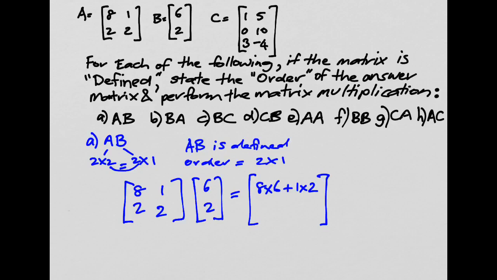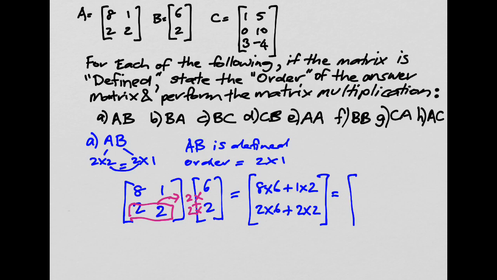Okay, now we go ahead and do the bottom row, and in my head I flip that up, multiply and then add them together. So you're left with 2 times 6 plus 2 times 2 in the bottom.